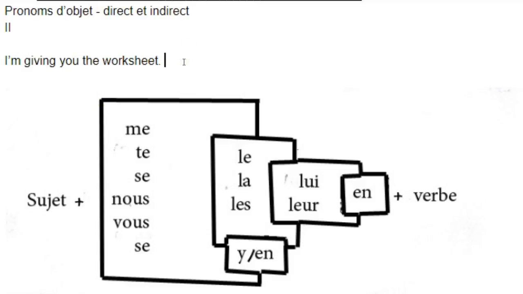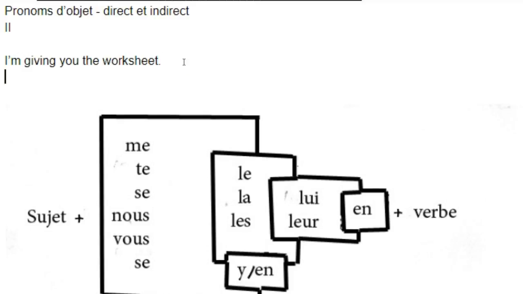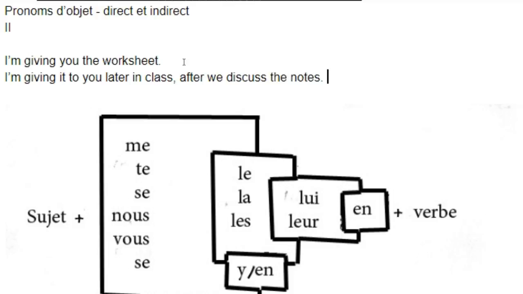So another way that you can state that is, if somebody asks, where's the worksheet? Well, I'm giving it to you later on in class. Okay, so here you see the word it.